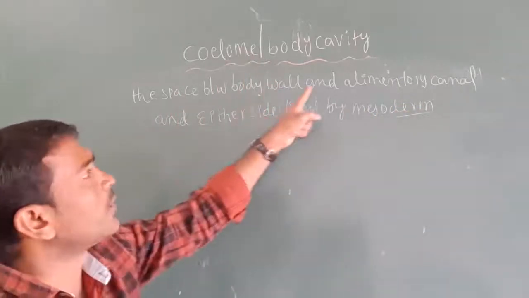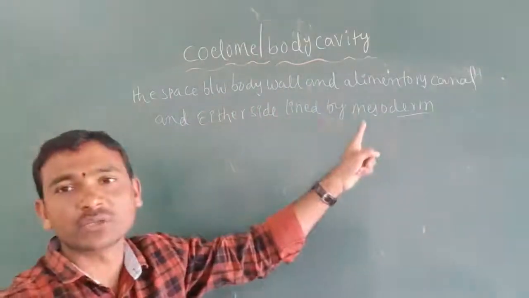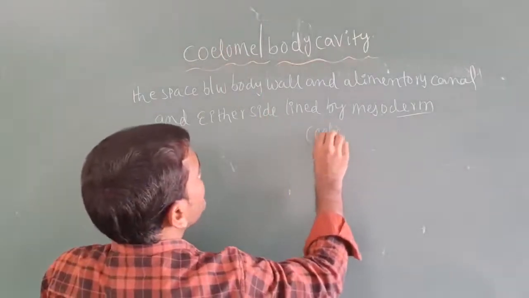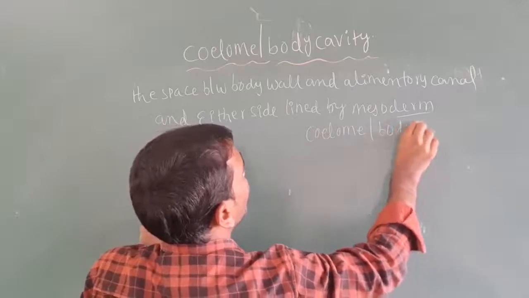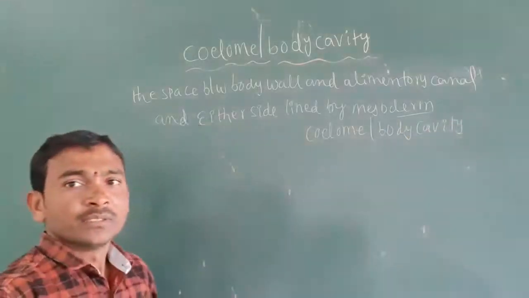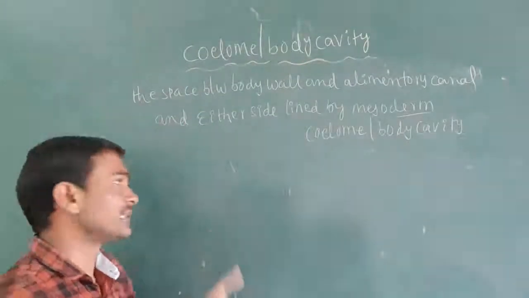The space between the body wall and alimentary canal, with either side lined by the mesoderm, is called the coelom or body cavity. We will explain this definition through a diagram.